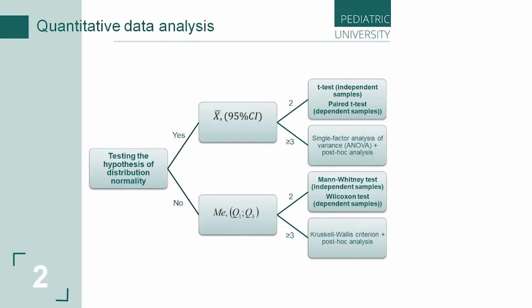If we are comparing two groups of quantitative data, I say again, today we will talk only about quantitative data analysis. So, if we are comparing two groups of quantitative data, we use Student's t-test for independent samples.